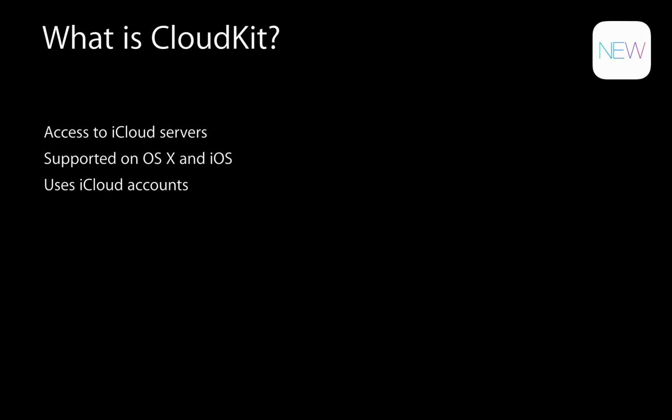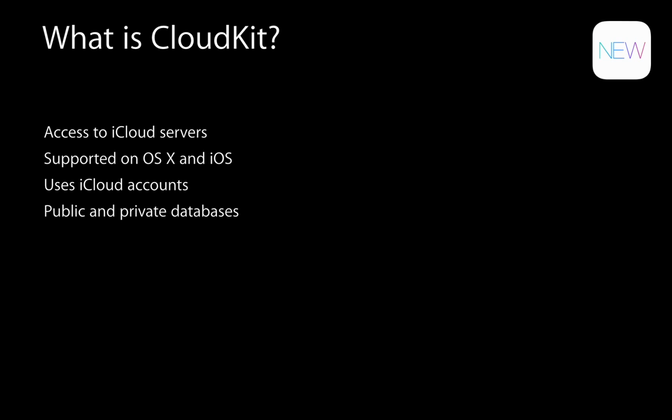CloudKit uses the iCloud accounts infrastructure. That means that if there's a logged-in iCloud account on the device, we'll use that to authenticate the user. If there's none, we'll provide read-only anonymous access. CloudKit supports both a concept of public and private databases. You can see public databases as a soup of data that all your users can access.